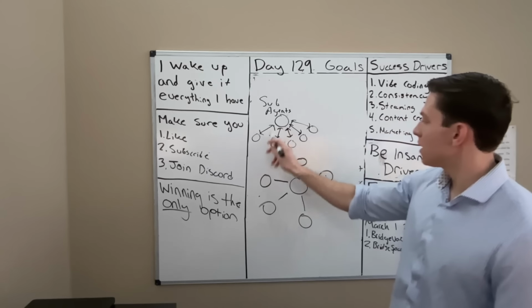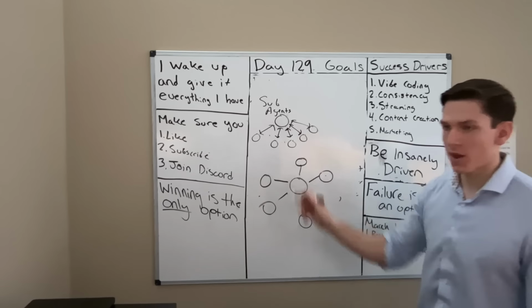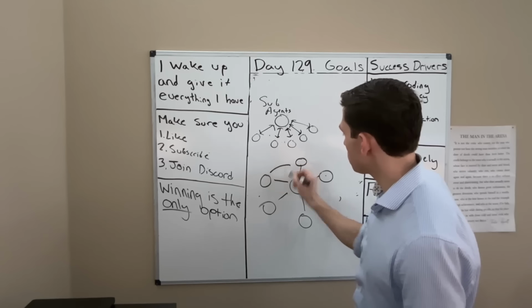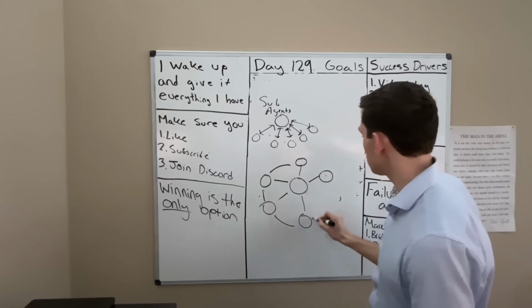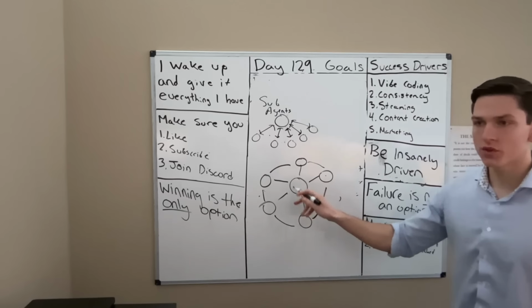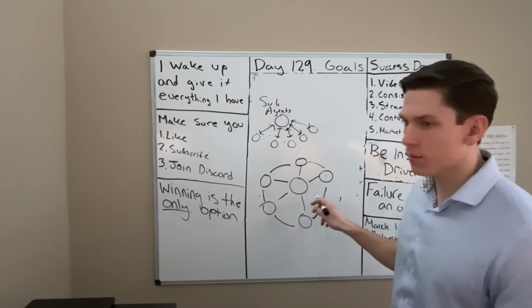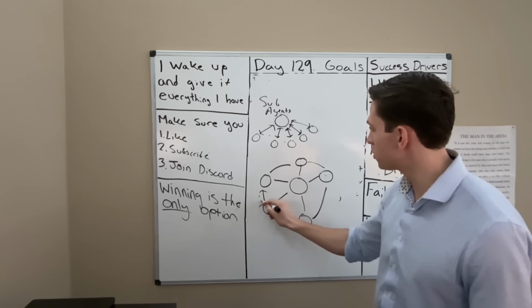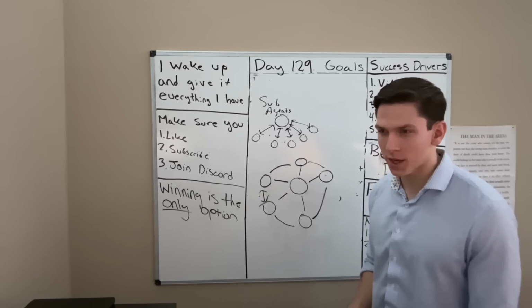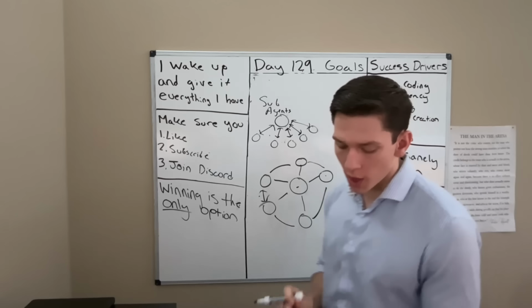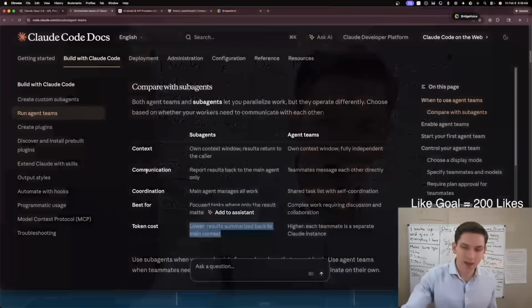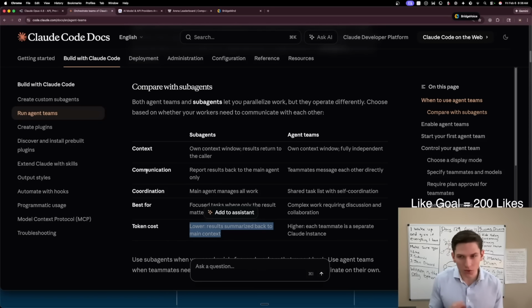Previously, you only had them communicating with that main agent, but now these agents are able to send messages to one another. So the difference here is that these agents can now all communicate as a team, because they can communicate from agent to agent rather than only being able to communicate to the main agent. So that's the difference with agent teams, and I'm going to show you how to set this up, and a couple of examples that I implemented yesterday on stream, and a couple of my thoughts with agent teams.